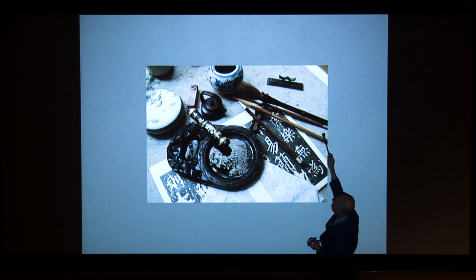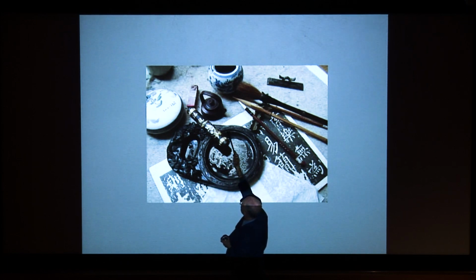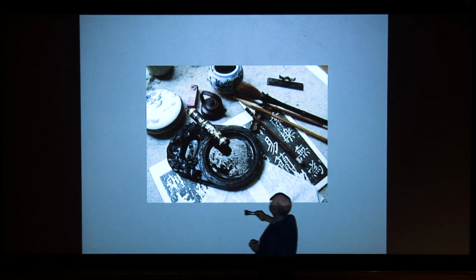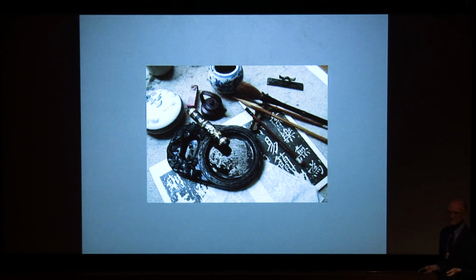And here are the brushes. These are little accoutrements for water, and there's a seal later to be affixed to the calligraphy. This is the basic stuff used to make the big scroll.